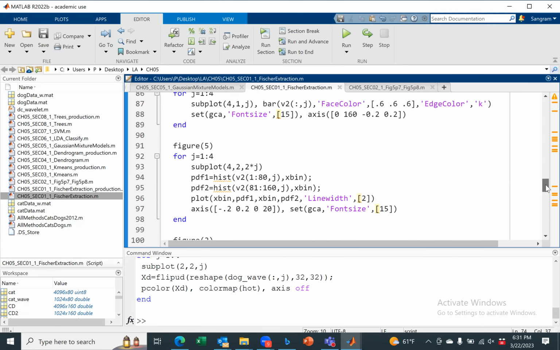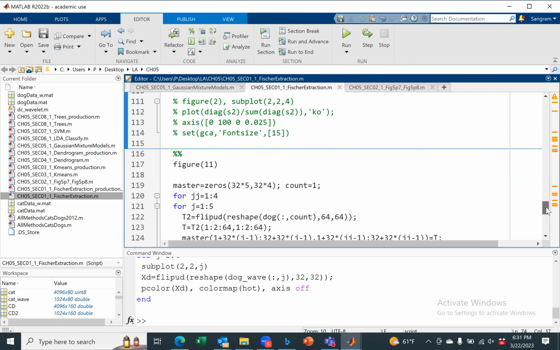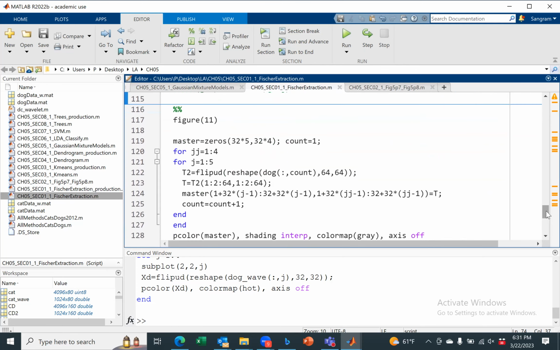Now, next thing which I want to talk about, and this is just an interesting observation, is that I'm going to perform a projection of cats and dogs into the feature space that we have constructed.